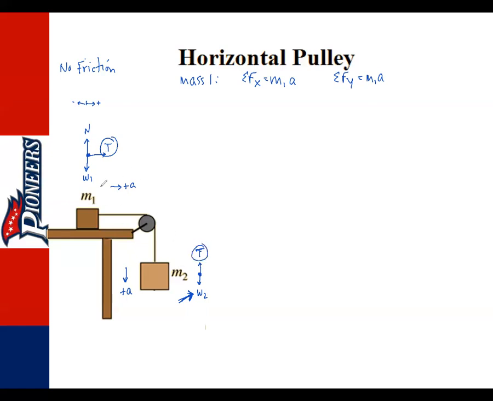That's the Newton's third law pair of forces. While W2 is down and tension is up, these tensions are the same, and there's no resisting force to these two things moving, so they're going to move.